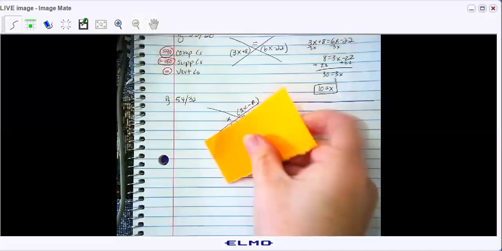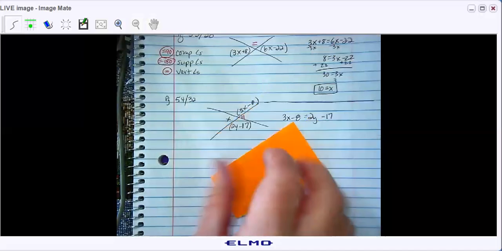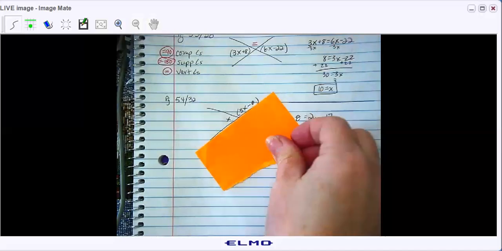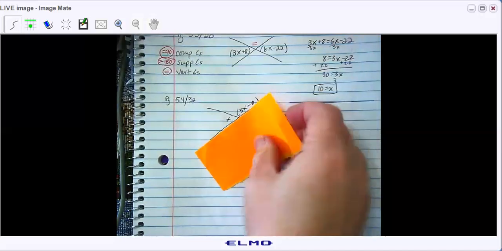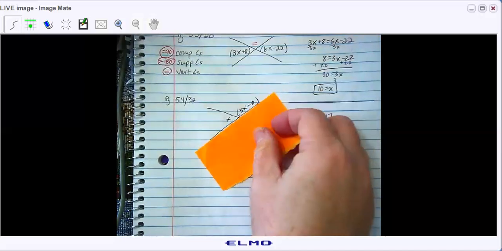Let's look at this one. So if I can look at those 2, I have a straight line and only 1 variable. So what are the angles called when they make a straight line? A complementary, am I correct, or no?